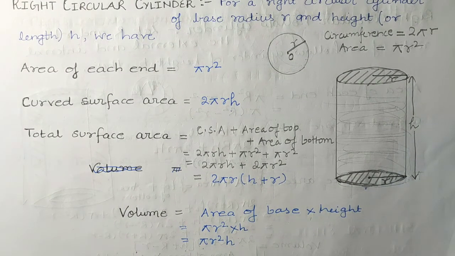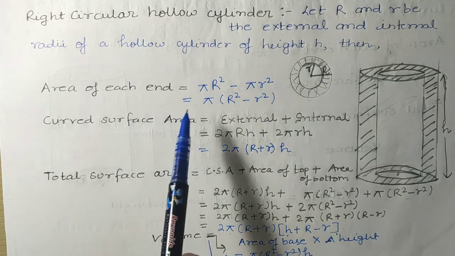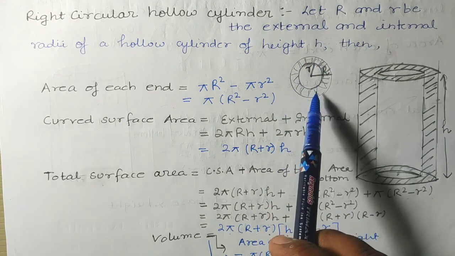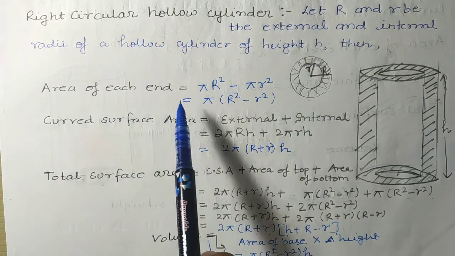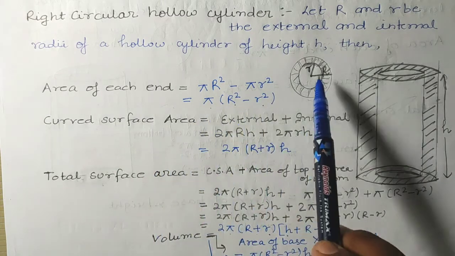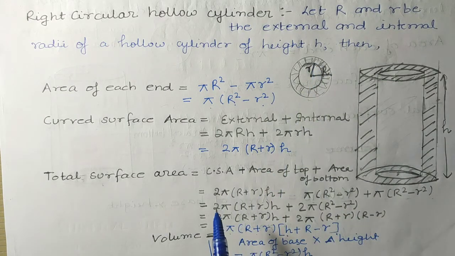In a right circular hollow cylinder, the base and top are in the form of a ring, and the area of each end will be pi into (capital R square minus small r square). Capital R is the outer radius, and small r is the inner radius.